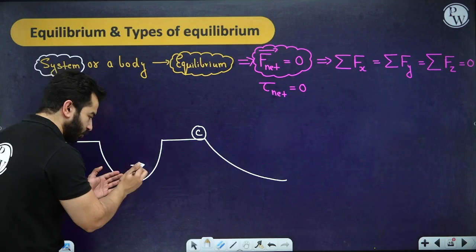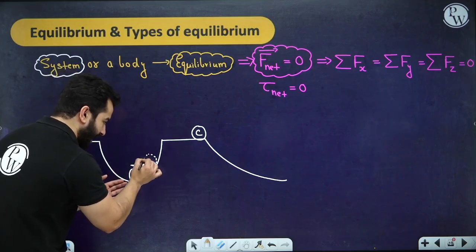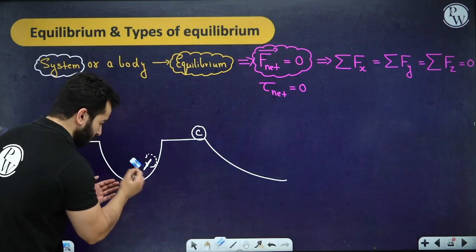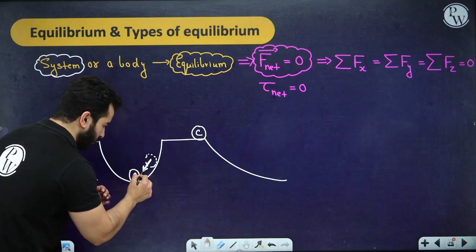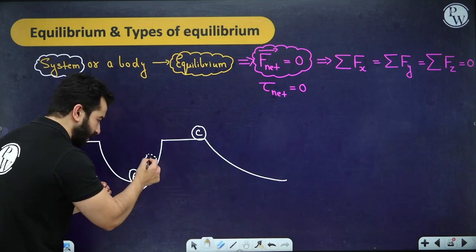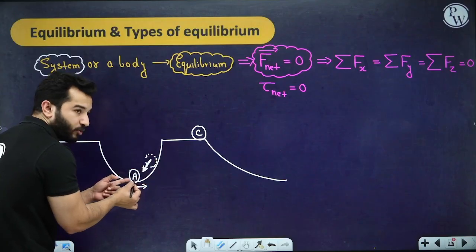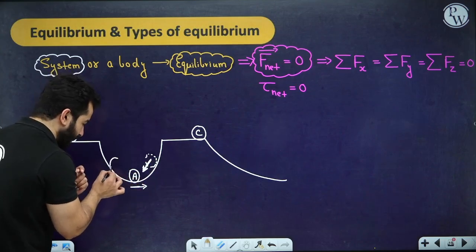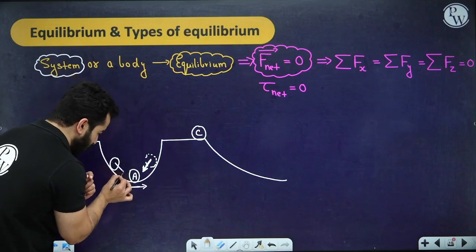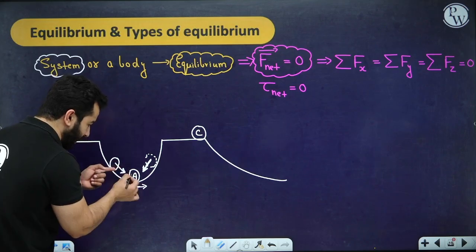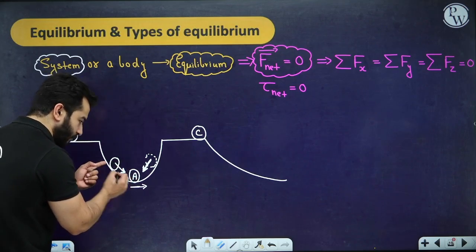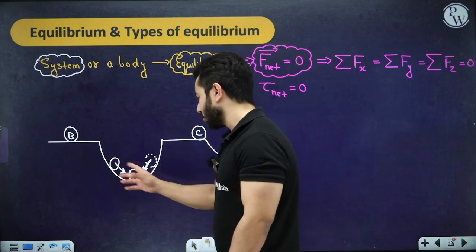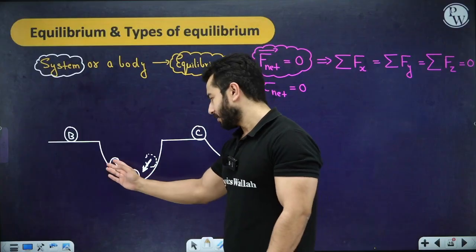When you apply a force on this, the body will get displaced and a component of weight will act in this direction, which will try to bring this body again to this position. When it reaches this point, it gains kinetic energy and goes back to this point. That weight will act all along, but at a particular point its kinetic energy will become zero and it will keep doing SHM, an oscillatory motion, something like this. Having said that, there is no loss of energy.